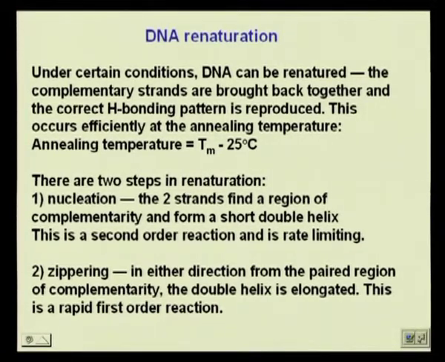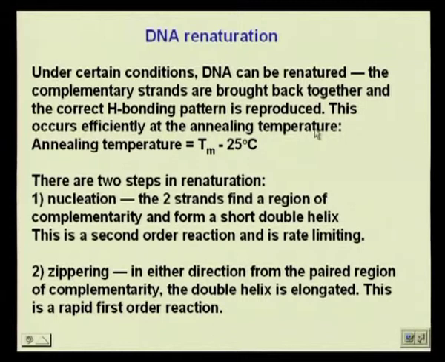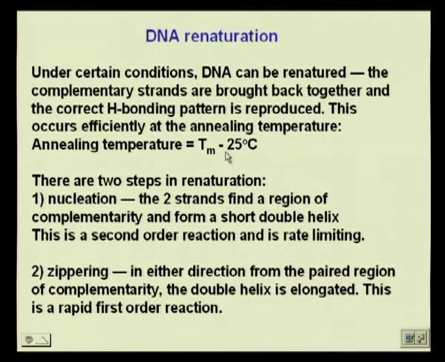Only then can you renature the DNA back to where you started from. Now, this occurs very efficiently at a temperature called the annealing temperature, that is Tm minus 25 degrees centigrade.